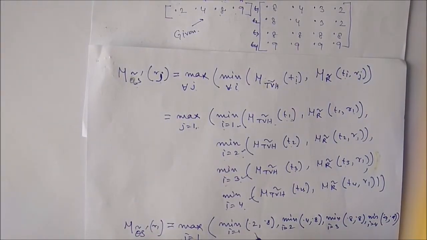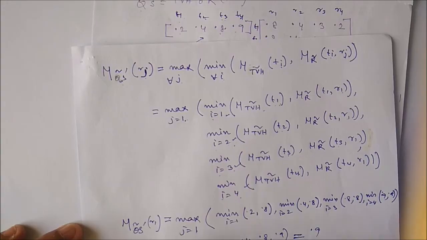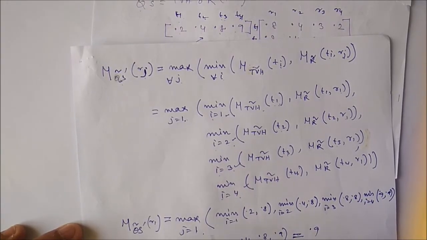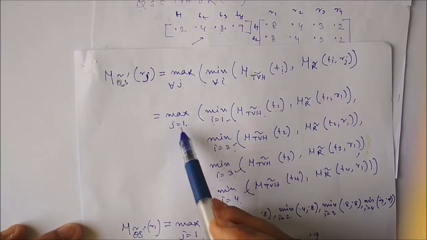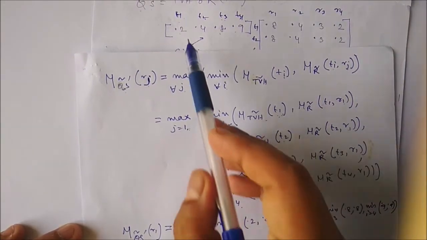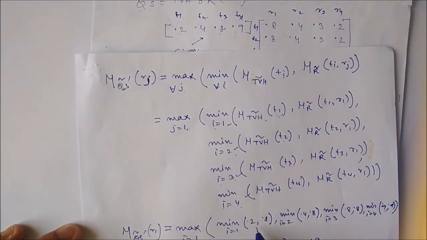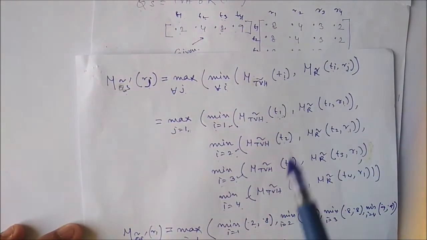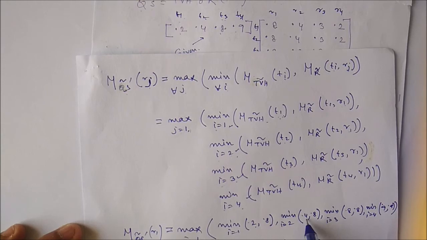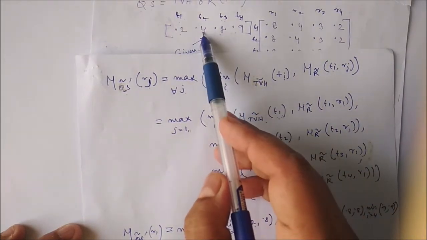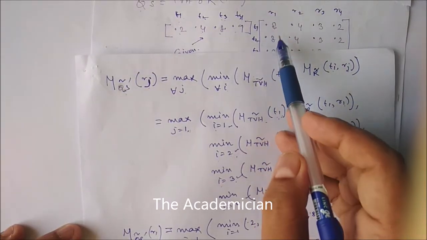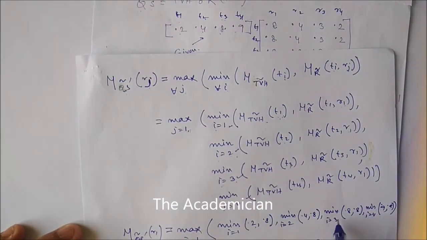Now we can see the example. If j is equal to 1, then what is T1? It is 0.2, and T1 R1 is 0.8. For i equal to 2, T2 is 0.4, and T2 R1 is 0.8.